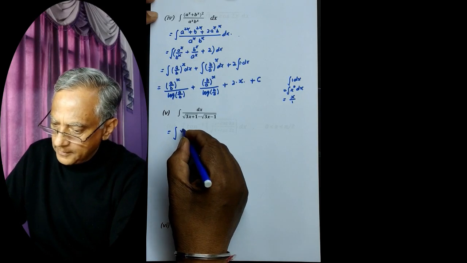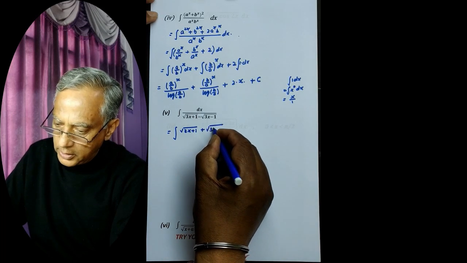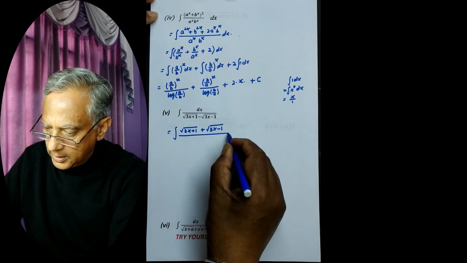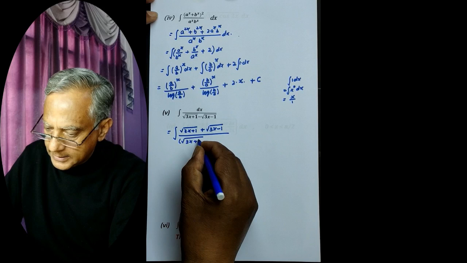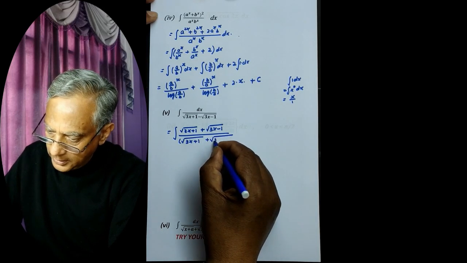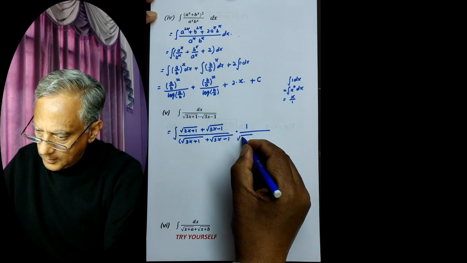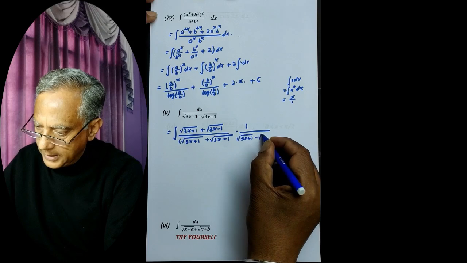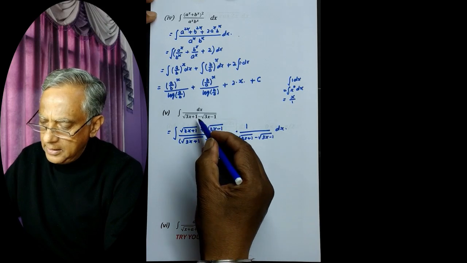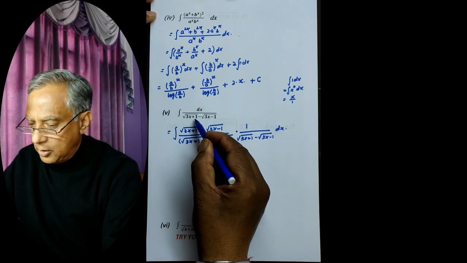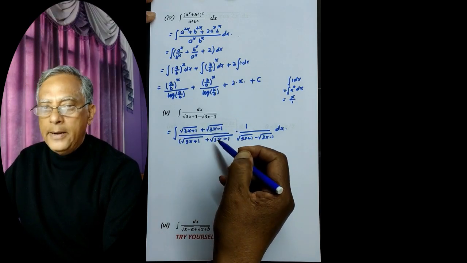We have 1 upon root(3x+1) minus root(3x-1). To rationalize this, we multiply and divide by root(3x+1) plus root(3x-1). Multiply and divide by this.